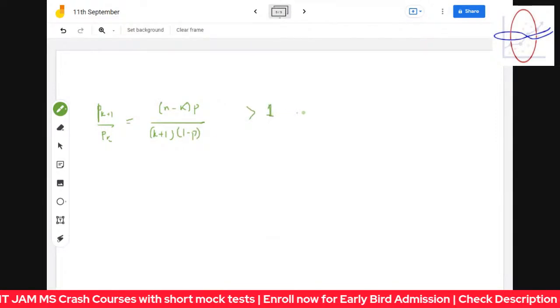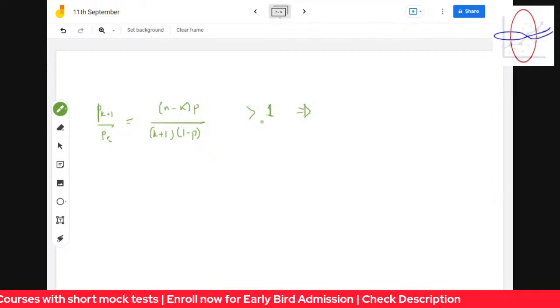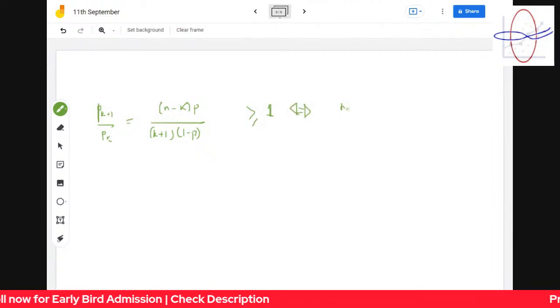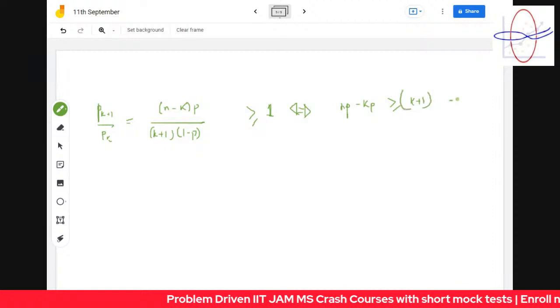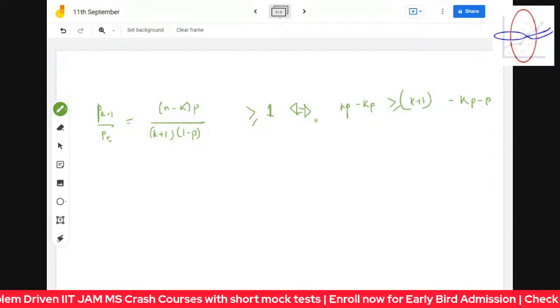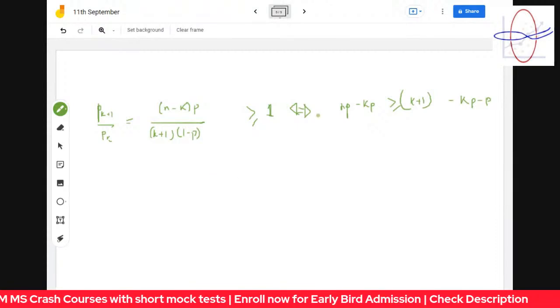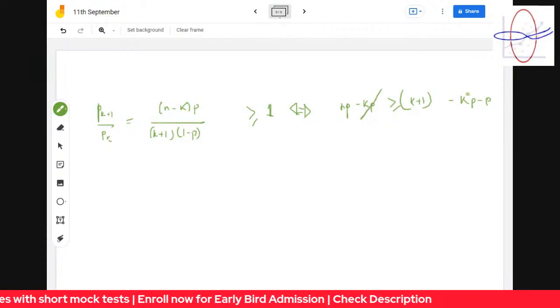This is greater than or equal to 1 if and only if np minus kp is greater than or equal to k plus 1 minus kp minus p. I'm just expanding it. The kp gets cancelled.